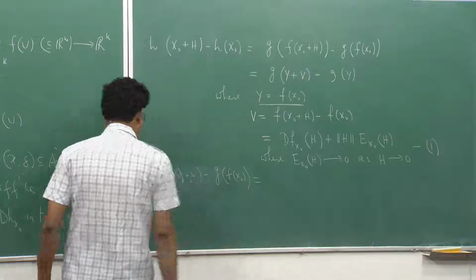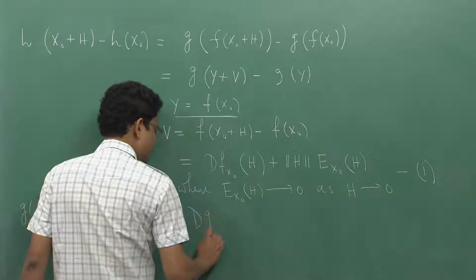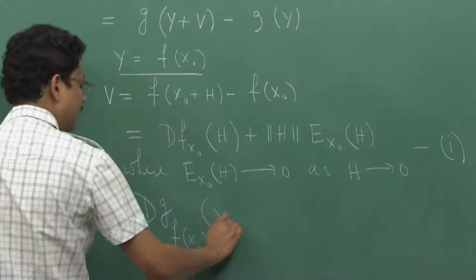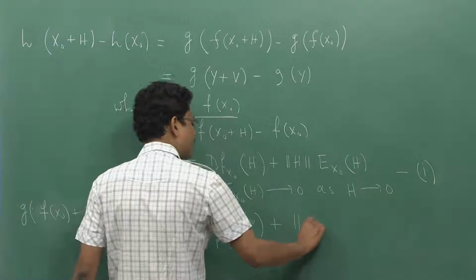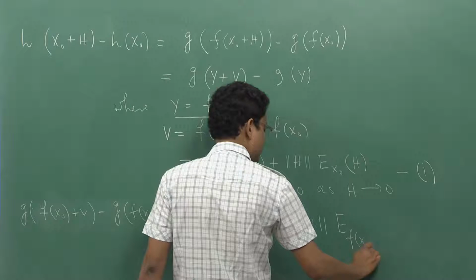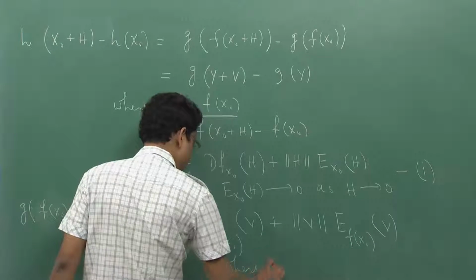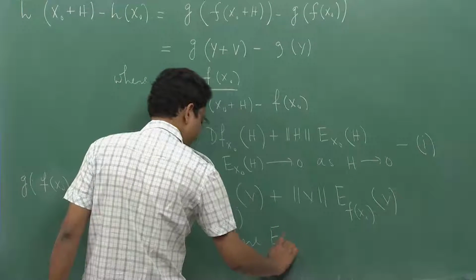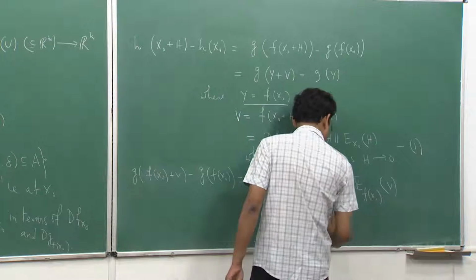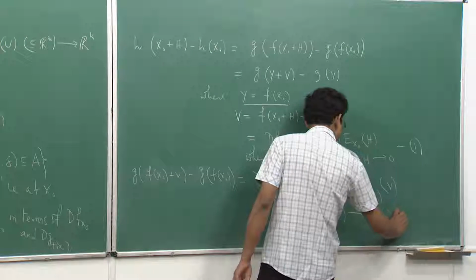This is equal to, since g is differentiable at f of x naught, dg at f of x naught acting on v, plus norm v times e(f x naught, v), where e(f x naught, v) goes to 0 as v goes to 0.